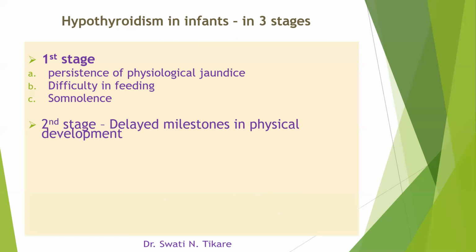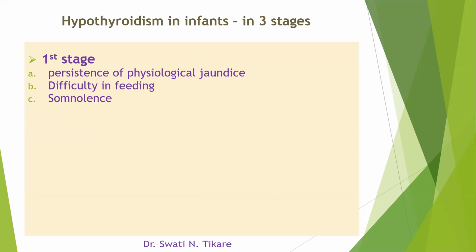There is somnolence, that means the baby is lethargic and sleeping all the time, not even waking up for food. It may become hypoglycemic, but still it is not waking up. Of course, babies sleep for 20 hours out of 24 hours a day, but they don't even wake up for food, for milk. That is when we call it excess sleepiness.